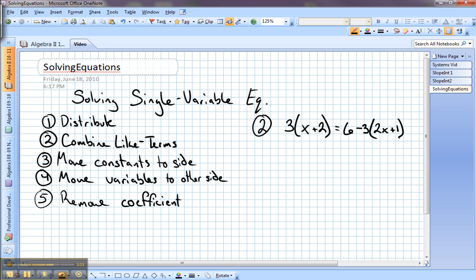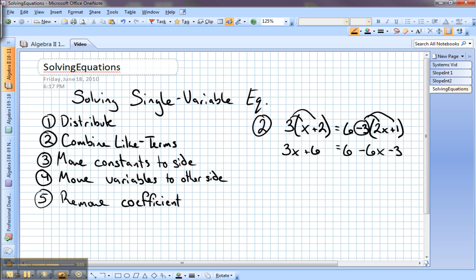In this example, we have two sets of parentheses, so we're going to have to distribute on both sides of our equation. First, on the left, when we distribute the 3, we will get 3x plus 6. On the right side, we will distribute a negative 3, so that will give us 6 minus 6x minus 3.